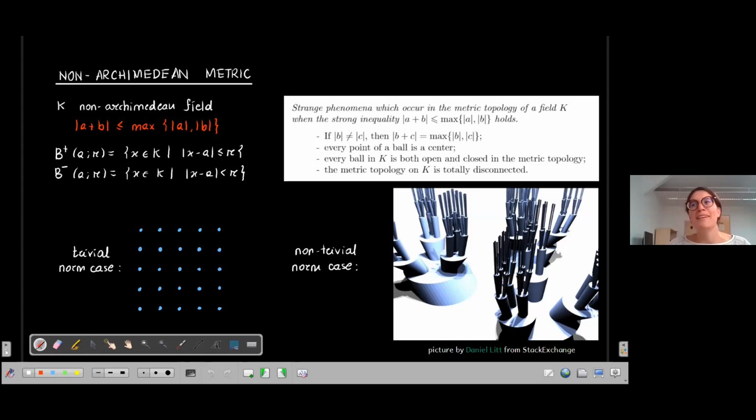Some of them will also be part of the exercise sheets, so you will have the opportunity to work them out. The first one tells us that we can even have a stronger version of the strong inequality: as soon as B and C have different norms, then the norm of their sum will be exactly the maximum of the two. And you can also see some other instances of these phenomena.